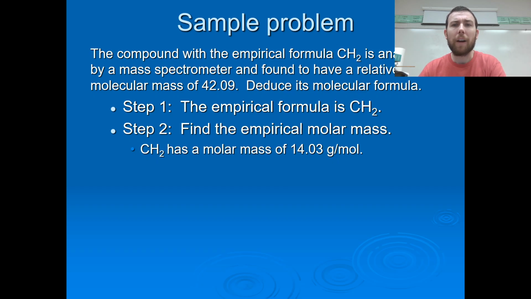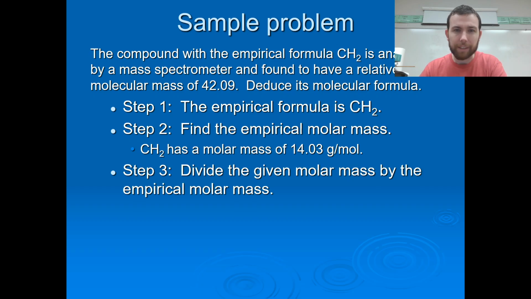Step 2, find the empirical formula molar mass. Take the mass of carbon and then add 1.01 times 2. That's where we get the 14.03 grams per mole. So we've got an empirical molar mass now. Step 3, they gave us the molecular mass of 42.09. We need to divide that by our empirical formula mass that we just calculated in step 2.